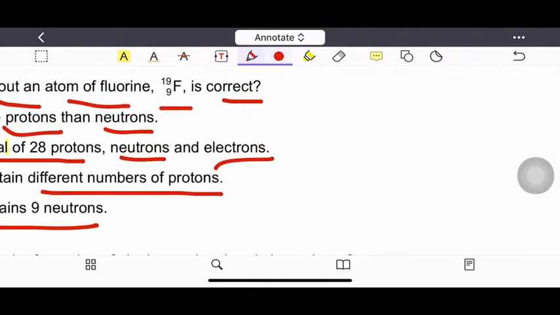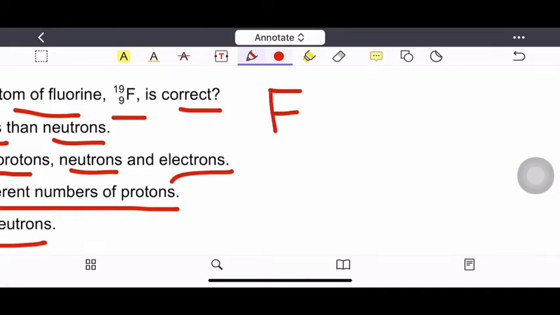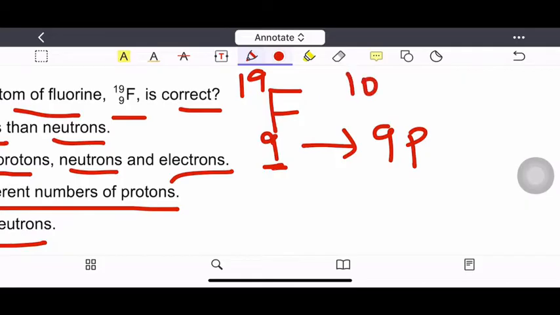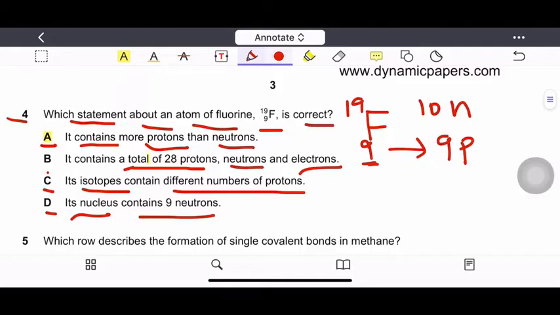Let us see how many subatomic particles are present in fluorine. Atomic number is showing that it has 9 protons, and how many neutrons? 19 minus 9, 10 neutrons, and 9 electrons as they are the same as the protons.